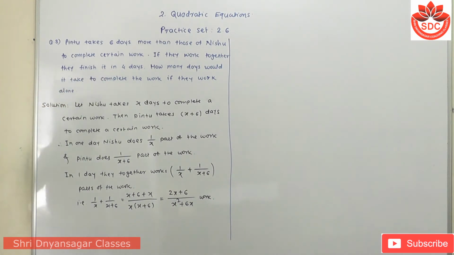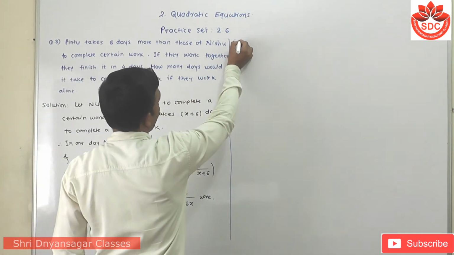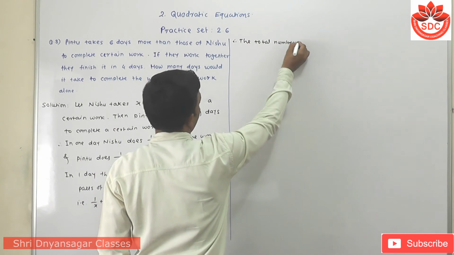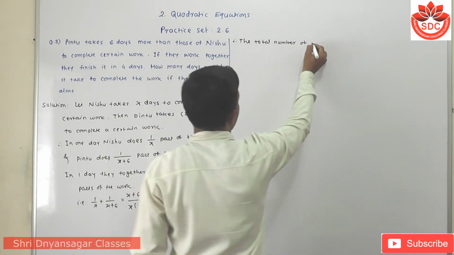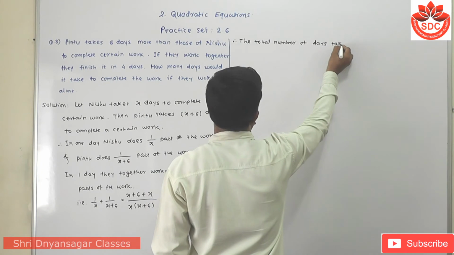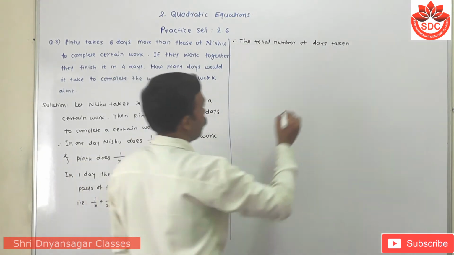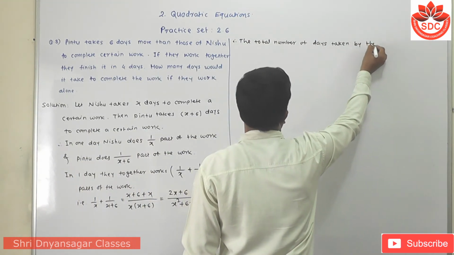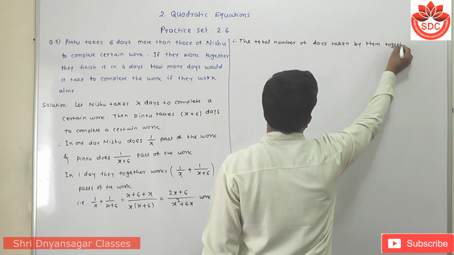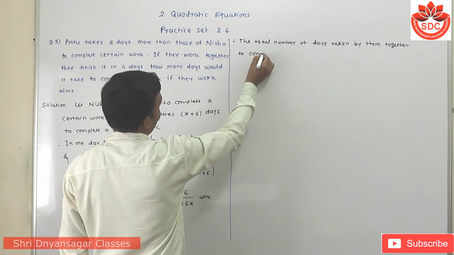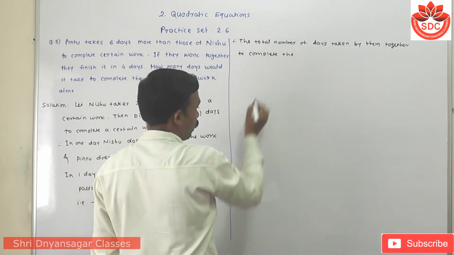Therefore the total number of days taken by them together to complete the work is, आपल्याला इथे total number of the days काढून घ्यावं लागणार आहे. Therefore the total number of days taken by them together to complete the work is.